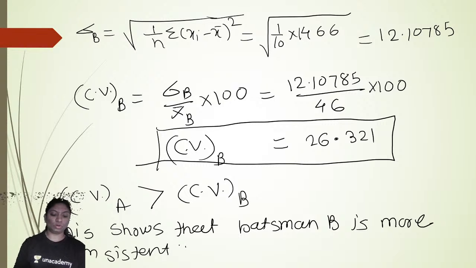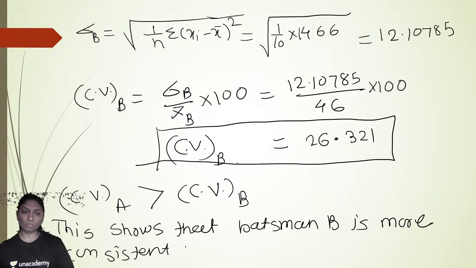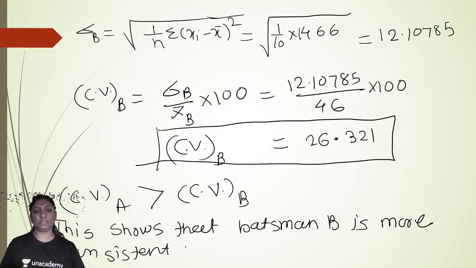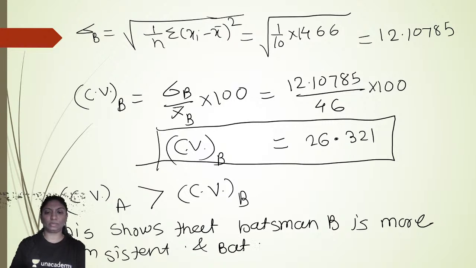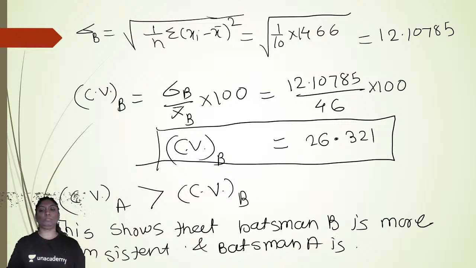Yeah, I hope all of you are clear here. This shows that batsman B is more consistent and batsman A is better run getter, or more run getter.